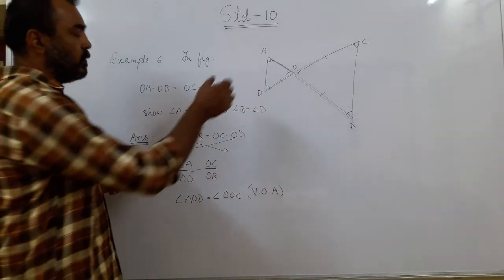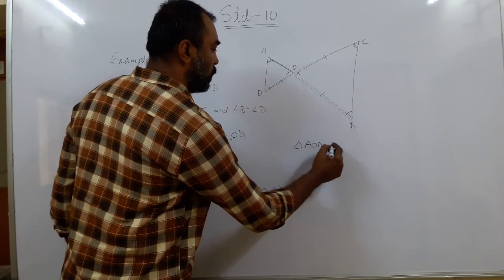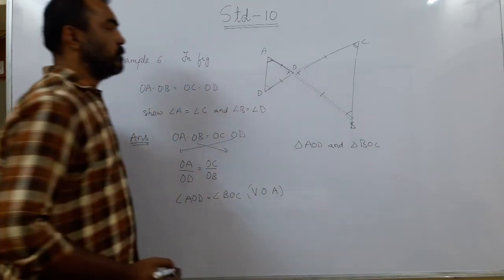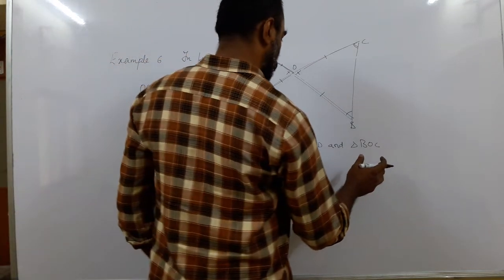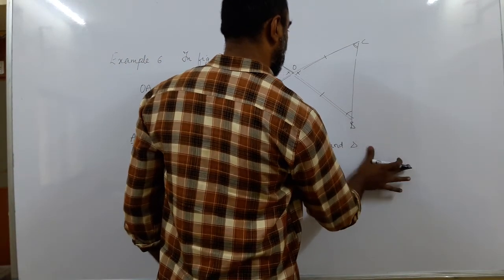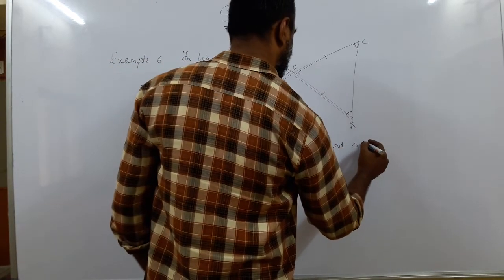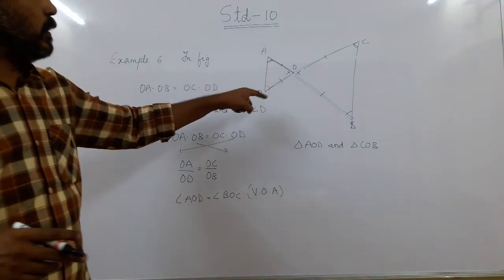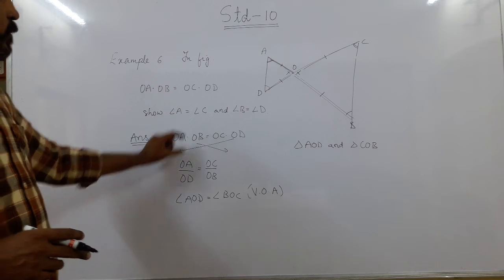Now look at these two triangles, triangle AOD and triangle BOC. Or we should have taken what? Yes, we can take also AOD and COB, will be better, right?